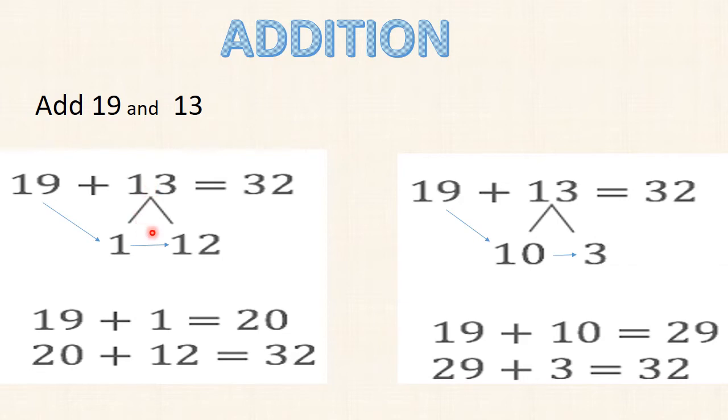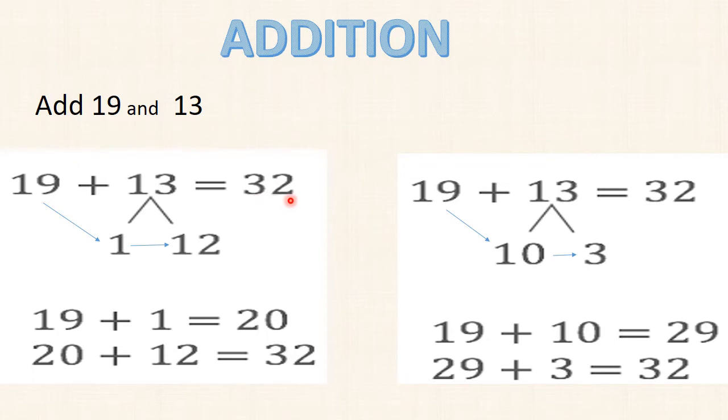I have done it correctly. Now instead of adding 19 with 13, I am going to first add 19 plus 1, which is 20, and then 20 plus 12, which is 32. So I get my final answer 32.